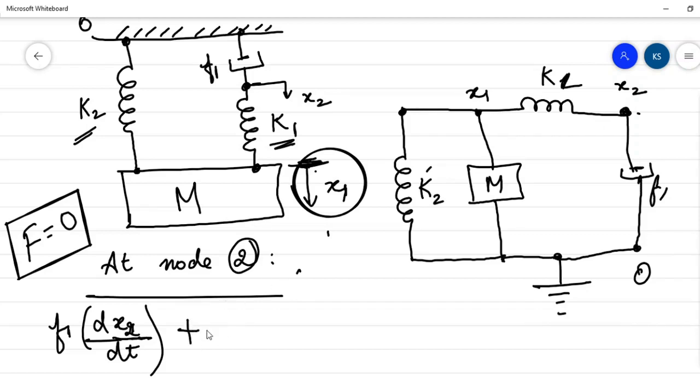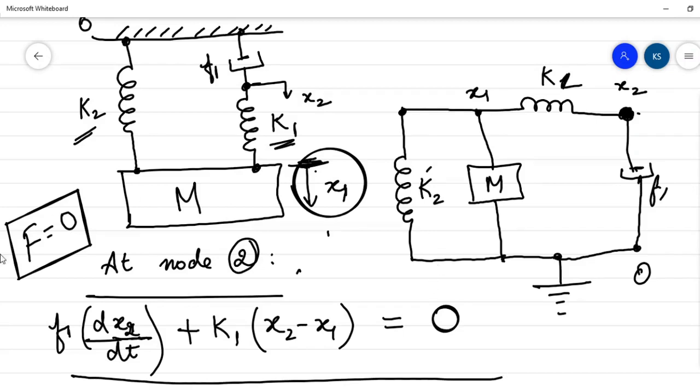So we write plus K1, and because we are taking this node as reference now for nodal analysis, we write x2 minus x1 here, and because there is no force acting on the system, it equals 0. So these two are the differential equations to represent this mechanical system.